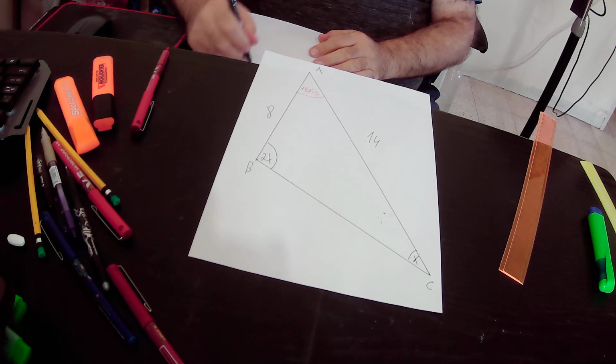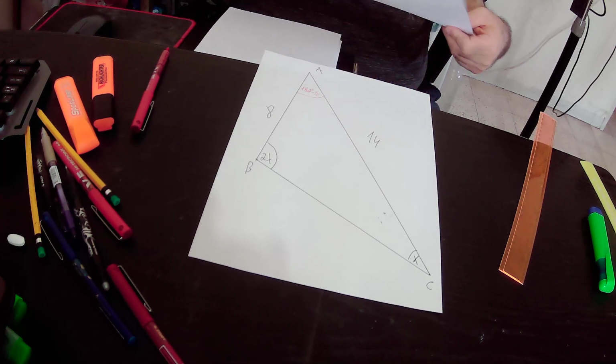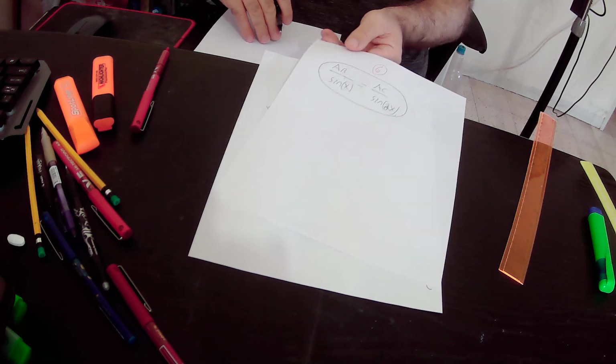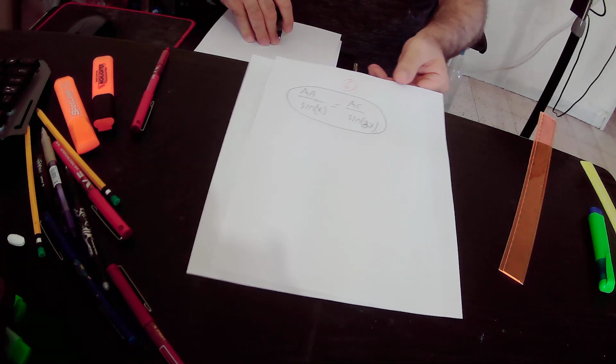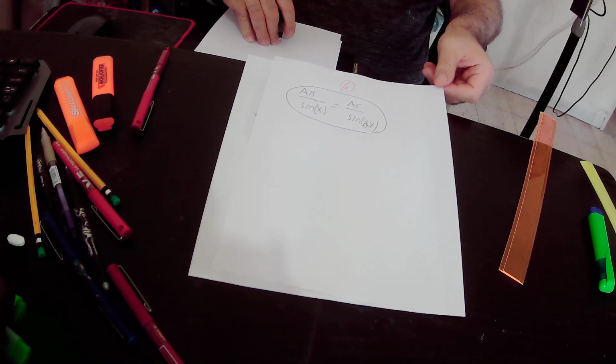Okay, so the implementation of the law of sines in our triangle ABC means that AB over sine x equals AC over sine 2x.